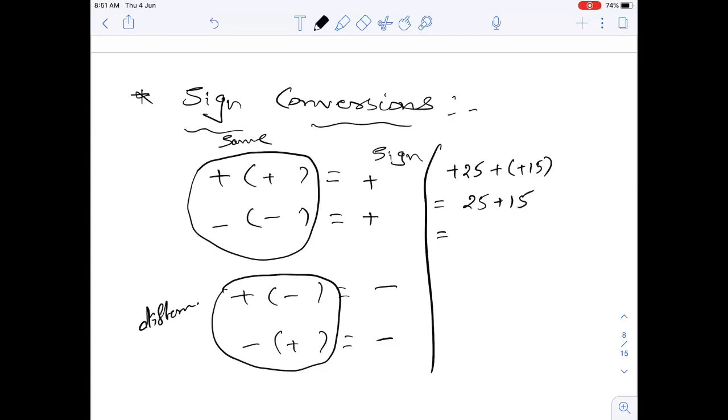Now we can do addition or subtraction of numbers. Both 25 and 15 have the same sign plus. We learned in the previous class that when same signs are there, we do addition of numbers. So 25 plus 15 is 40.